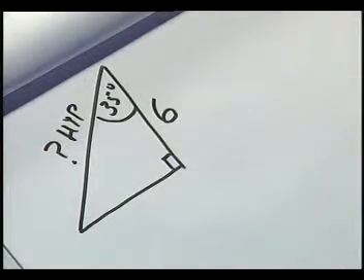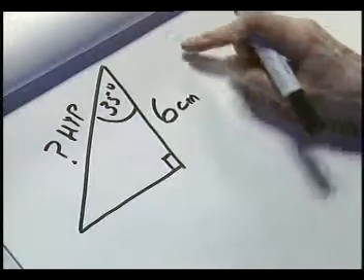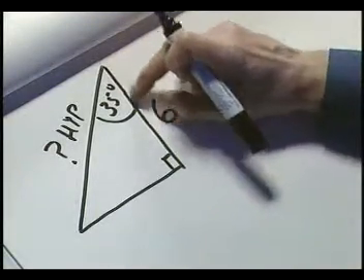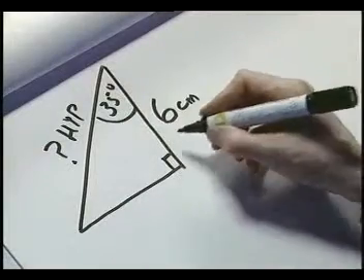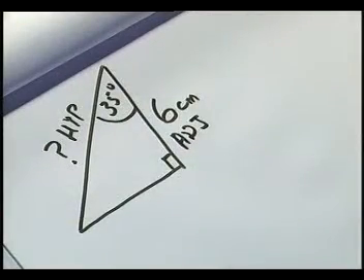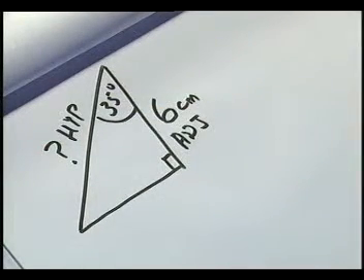This side that's of length 6, let's say 6 centimetres, since lengths have to have units with them, this is the adjacent side. It's adjacent to this angle. What's the trig ratio that we need that connects adjacent and hypotenuse? It's going to be the cosine.